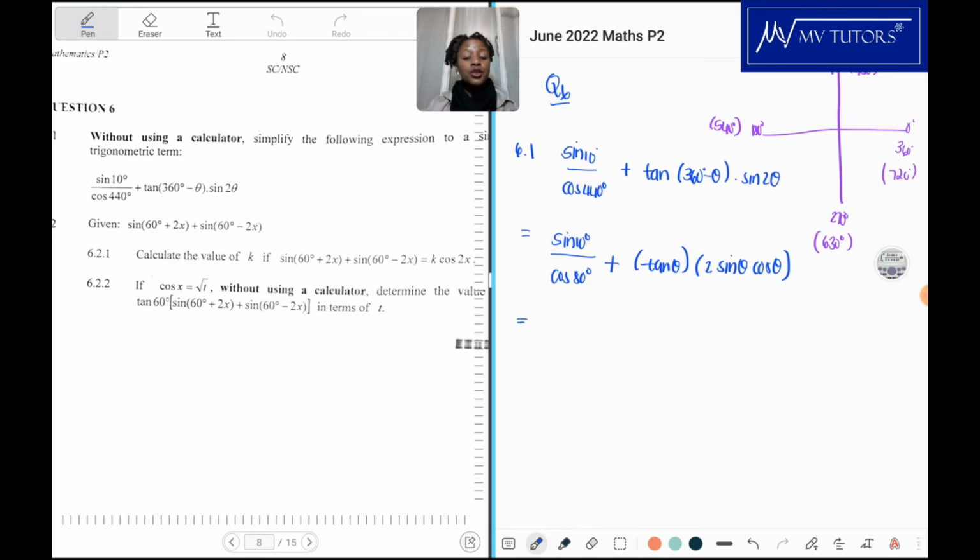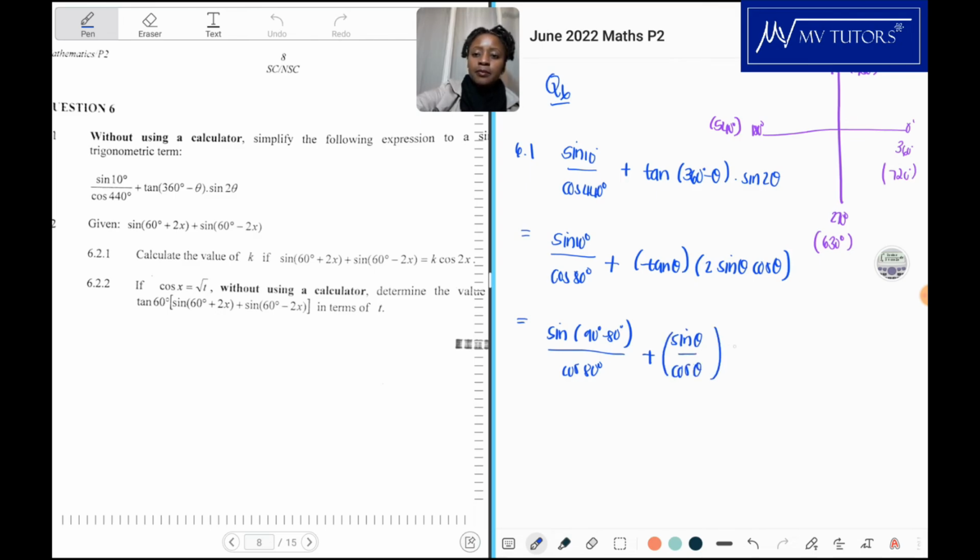But if you wanted to show it in calculation form, you would remember your co-ratios. You would say sine 90 minus 80 is what gives you 10, and then you have cos 80 there in the denominator. And then this tan, I am going to change it to sine over cos, because what am I going to do with tan by itself?